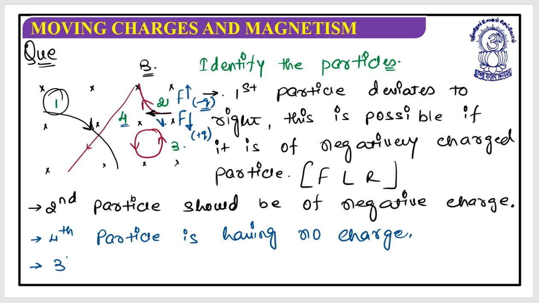Now what about the third particle? Look at this. It is moving in this fashion. So the third particle must be positively charged.